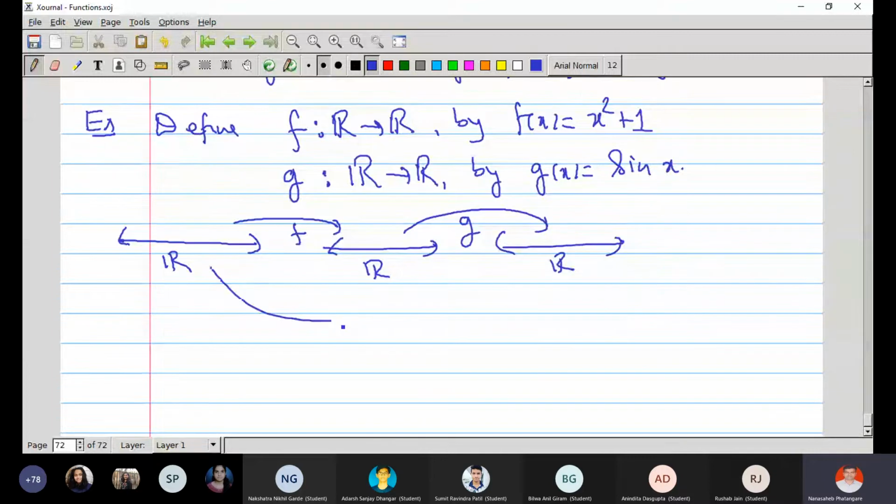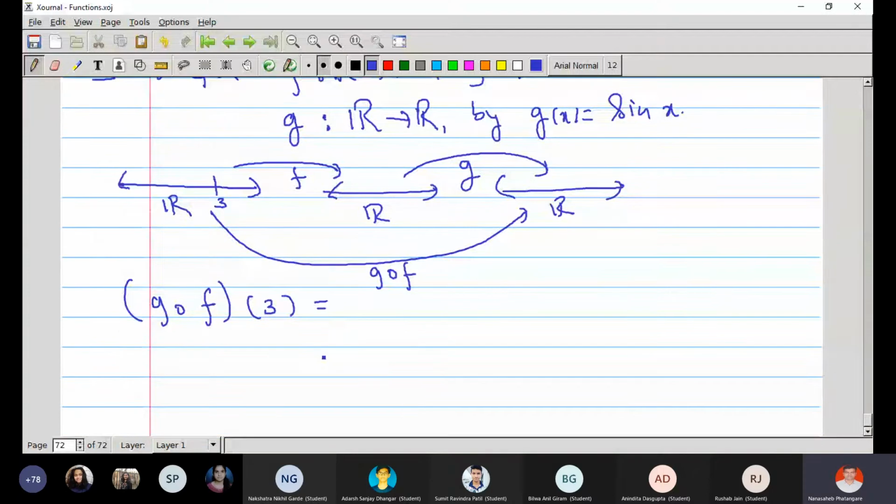This is the composite function G composite F. That means first action of F. So under this function, can you tell me what is G composite F of 3? What is the image of 3 under this composite function? Sin 10, right?